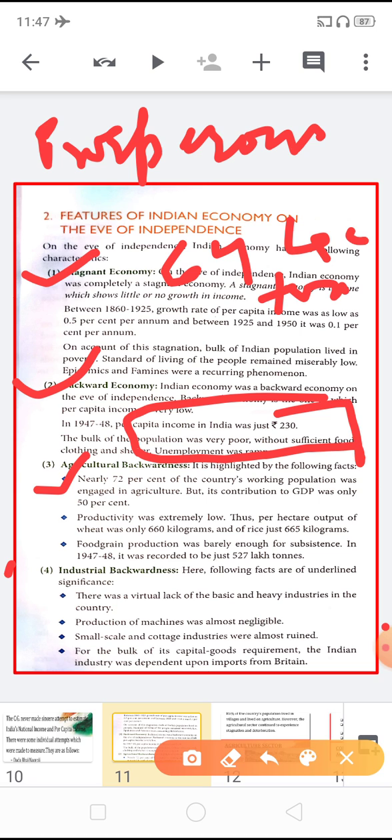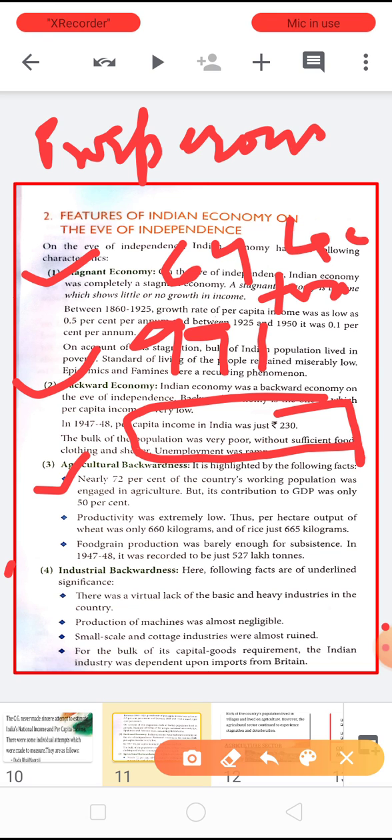But if you compare it with 2018 to 19, it is 991 lakh tons of production of wheat. So just see how much the production of wheat has increased. It has increased almost 15.5 times as compared with the year 1947.